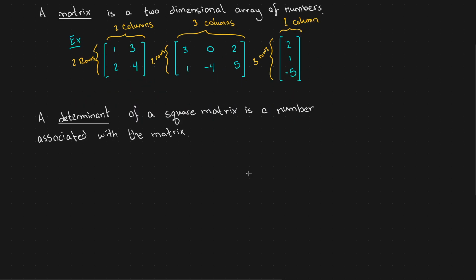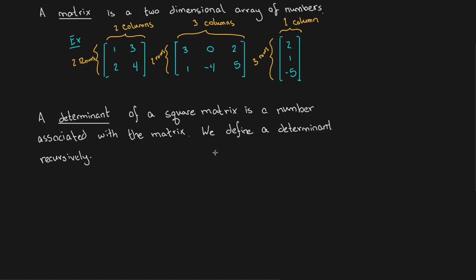So we define a determinant recursively. That is, we define the determinant of a square matrix based on the determinant of a matrix of a slightly smaller dimension with 1 less row and 1 less column.